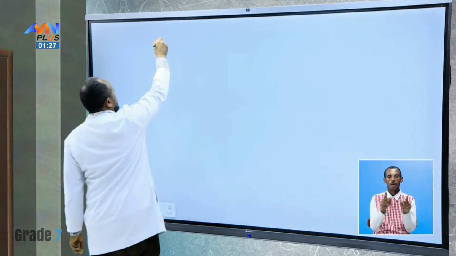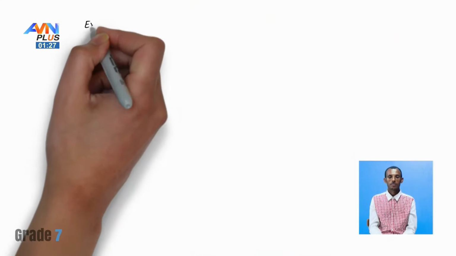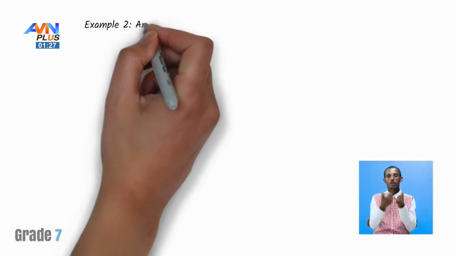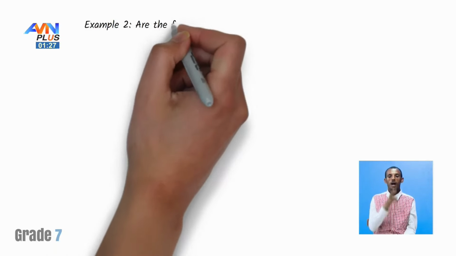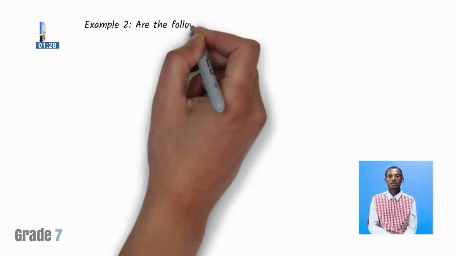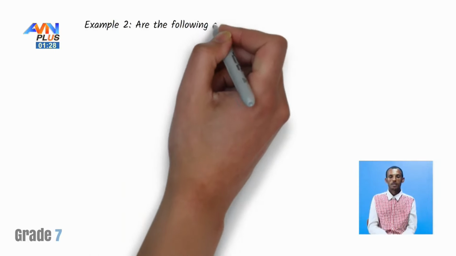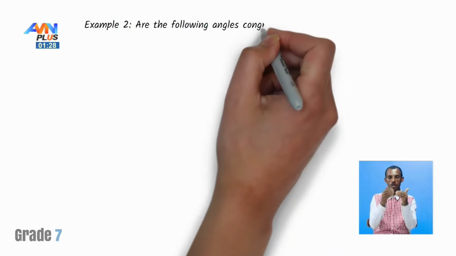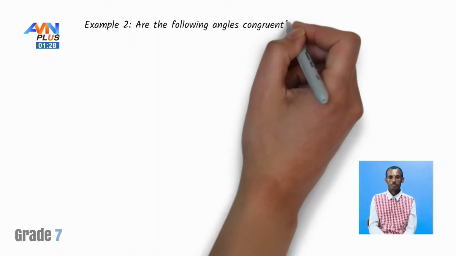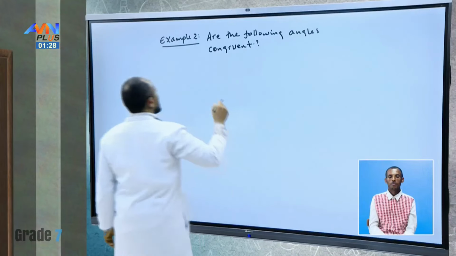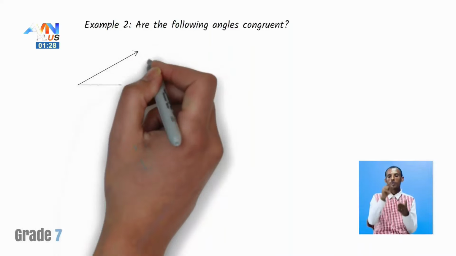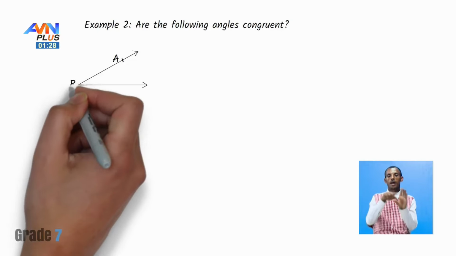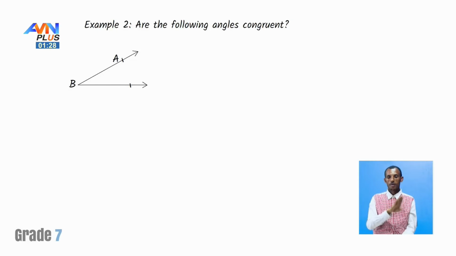Okay, example 2. Are the following angles congruent? So here you have this angle ABC.